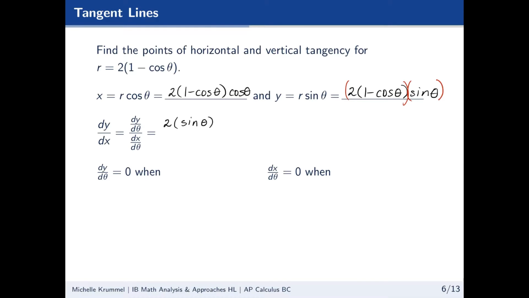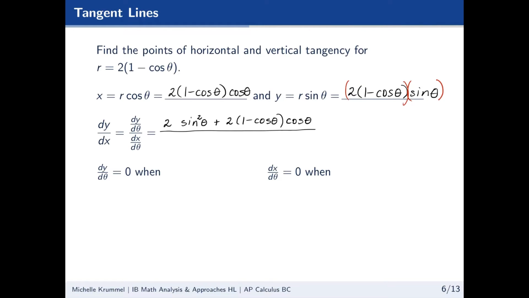So that's the derivative of the first factor times the second factor, which is another sine theta. So I could simply say 2 sine squared theta. Okay, that's the first part of the product rule. And then plus the first factor, 2 times 1 minus cosine theta, times the derivative of the second factor. All right, there's my dy d theta.